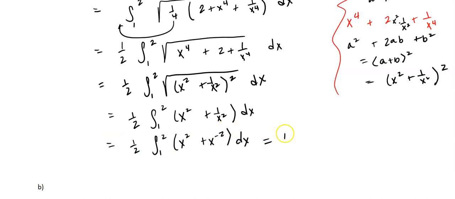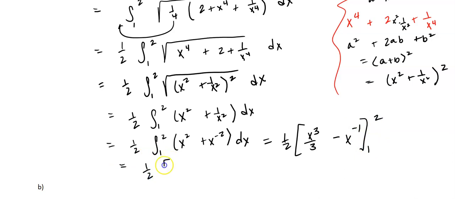Now this is pretty easy to take the integral of. We'd have x cubed over 3 minus x to the negative 1, all from 1 to 2. And that's x cubed over 3 minus 1 over x.